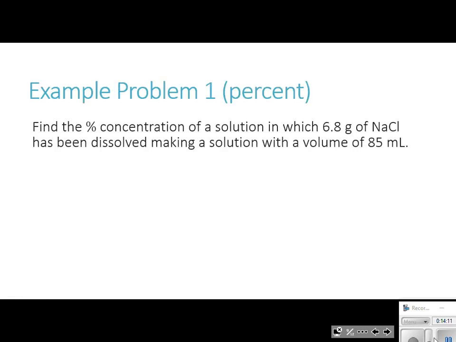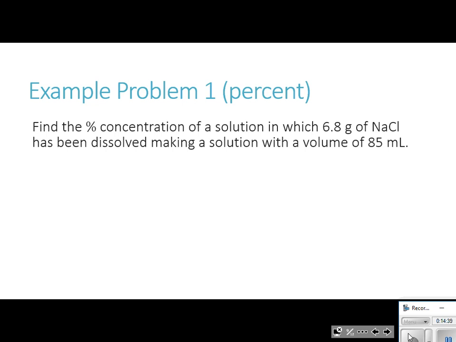So here's the first practice problem. Go ahead and write it down, and then we will calculate it. The problem states, find the percent concentration of a solution in which 6.8 grams of sodium chloride has been dissolved, making a solution with a volume of 85 milliliters.